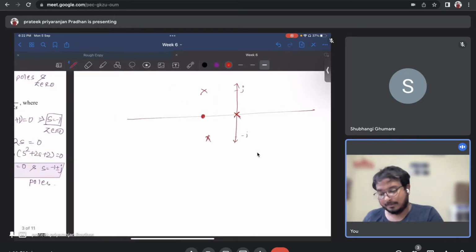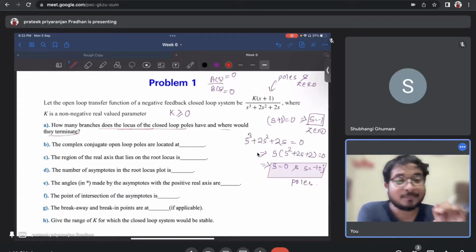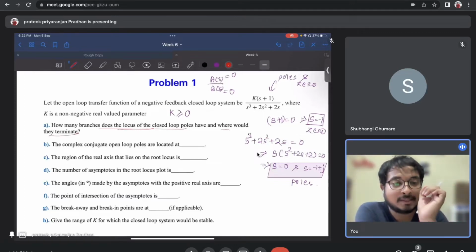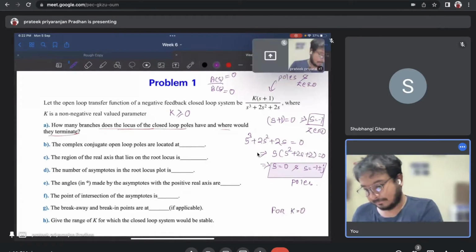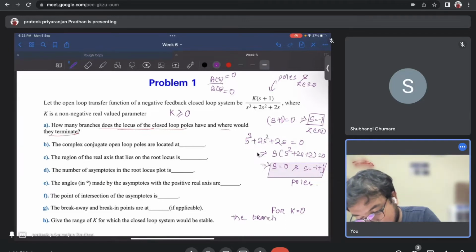The first question says: how many branches does the root locus have and where would they terminate? I have already mentioned that the number of poles is the number of branches, because for K equal to 0 the branches start at the poles.